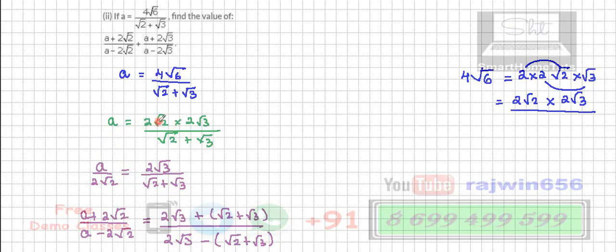So I'm going to repeat these steps. I'm bringing this 2 root 3 down over here. This is equal to 2 root 2 upon root 2 plus root 3.